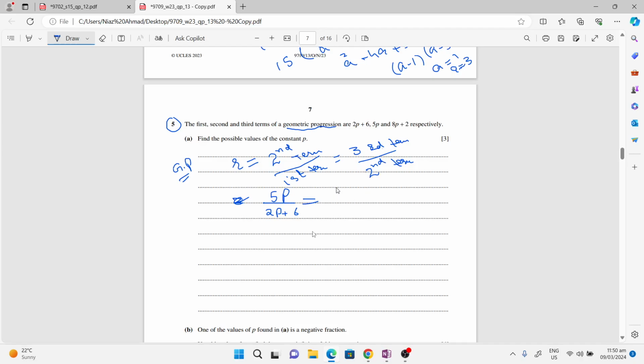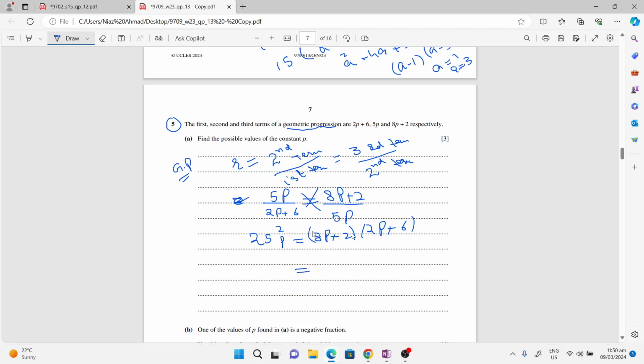my third term, which is 8p plus 2, divided by the second term, which is 5p. So now, by cross multiplying, I get 5 times 5p, which is 25p squared, equals 8p plus 2 multiplied by 2p plus 6.